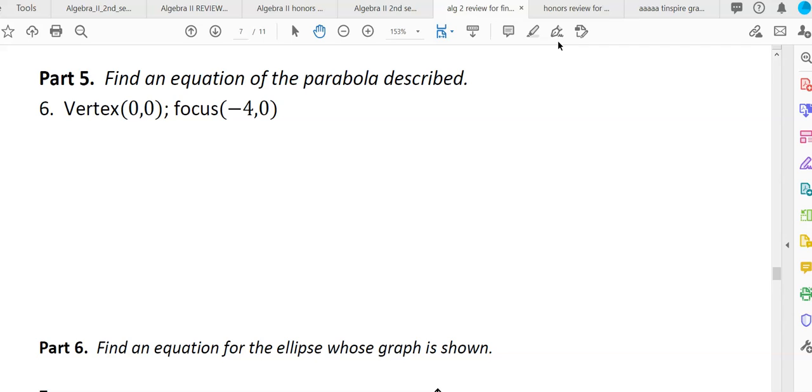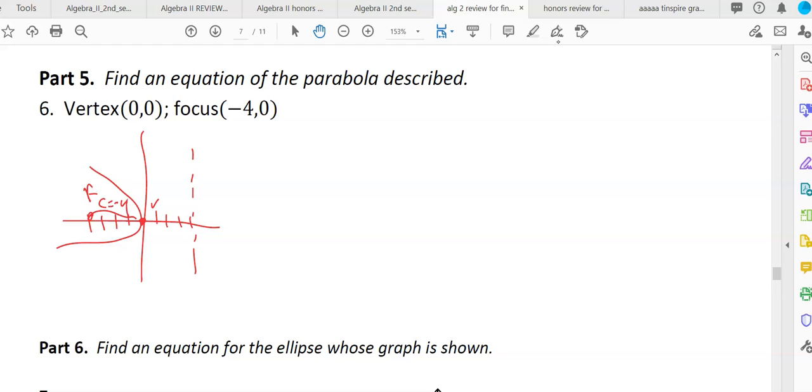Okay, so I like to sketch it. It just helps me think through what kind of parabola it is. So there's a focus point there, which means there's a directrix here. There's a vertex here. So just roughly speaking, it opens kind of that way, right? And we know that the distance from here to here, the c value, is -4.